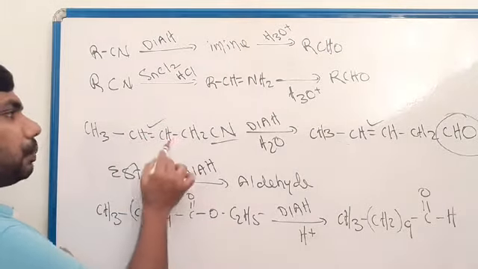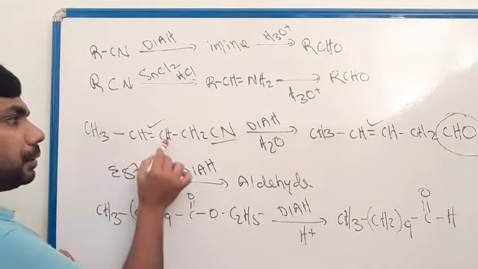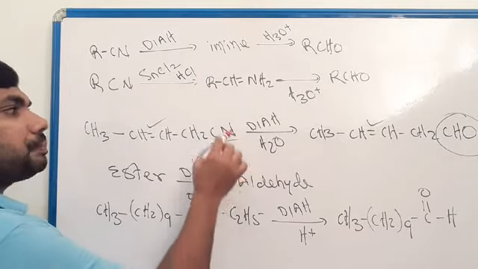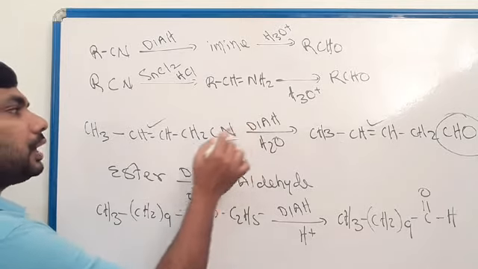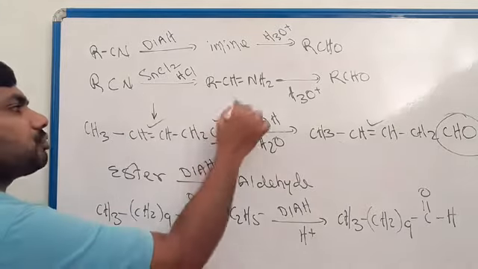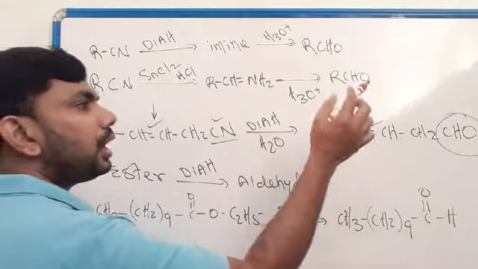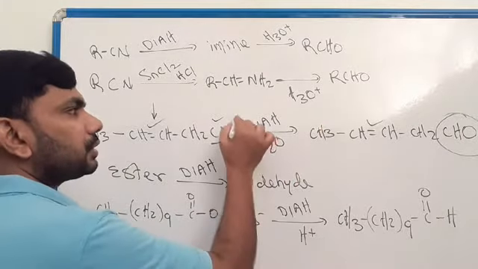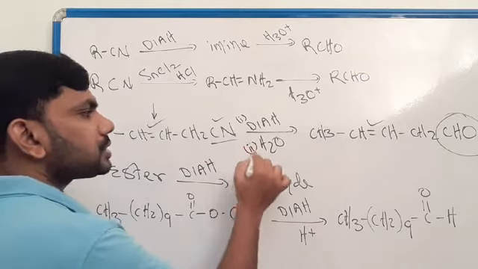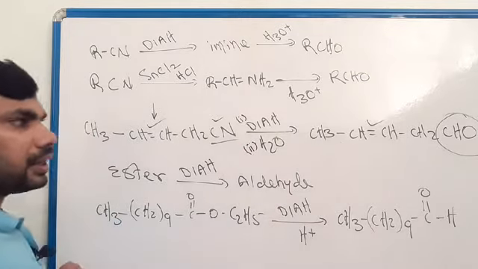This compound contains a carbon-carbon double bond, and also it is a nitrile. In the presence of diisobutyl aluminum hydride this part has no change; the nitrile will change to aldehyde after hydrolysis.